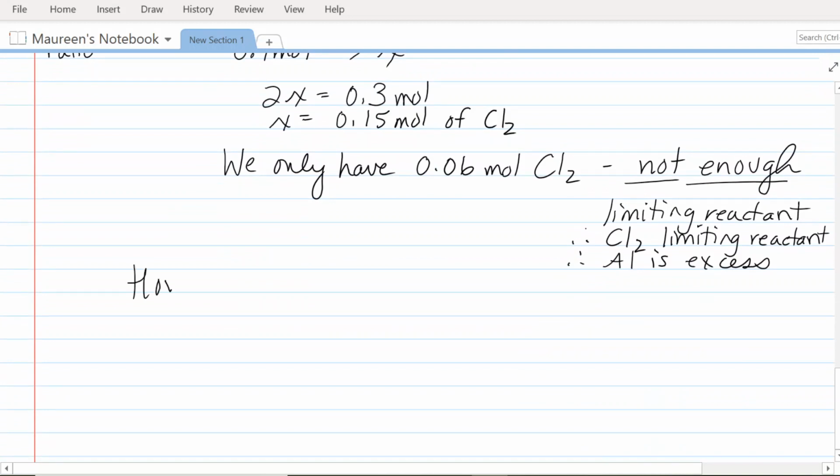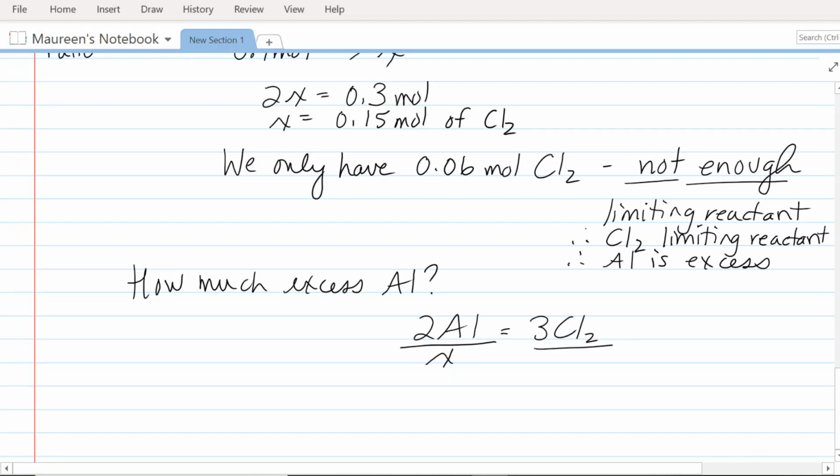Okay, some questions might say, how much excess? All right, so just depending on what the problem is asking you, how much excess aluminum? Okay, so that's fairly straightforward to figure out. You can go back and use the ratios again. 2 aluminums, 3 chlorines. Where are we getting that? From our equation.